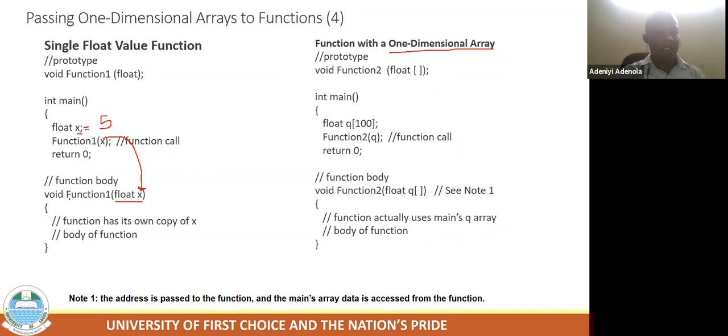This function now has x, so it's more like float x equals 5, because it's going to be received. So this function has its own local copy of this x. Do you understand? So here, what we do is call by value.